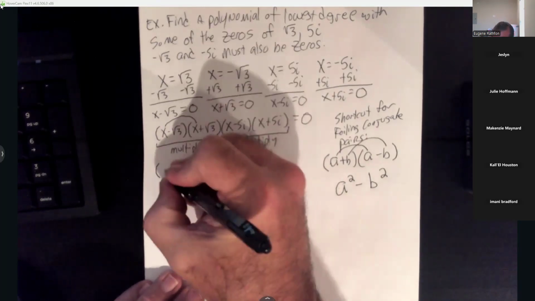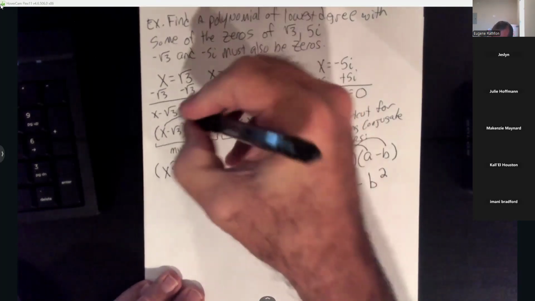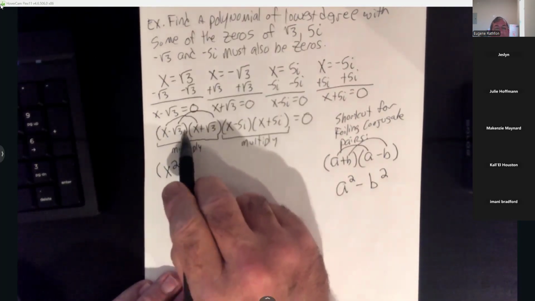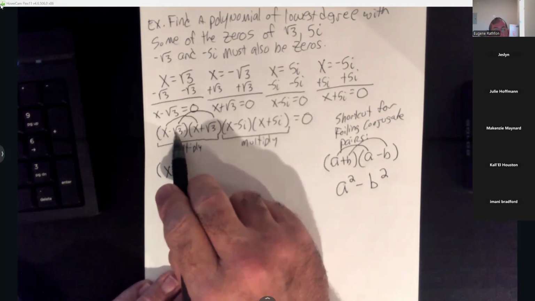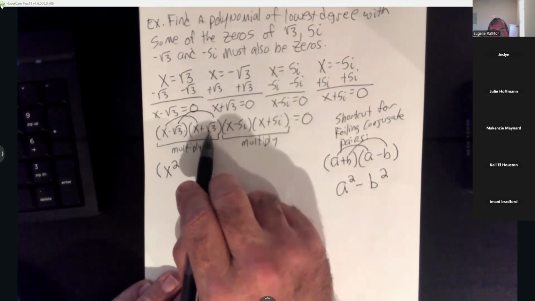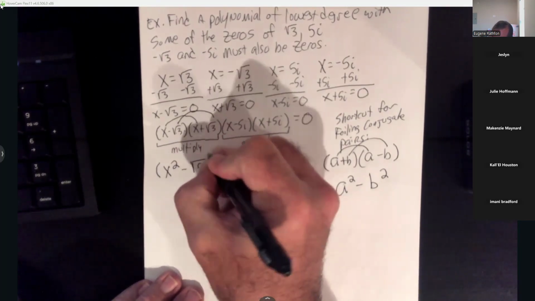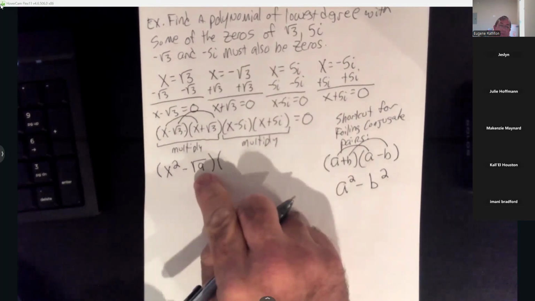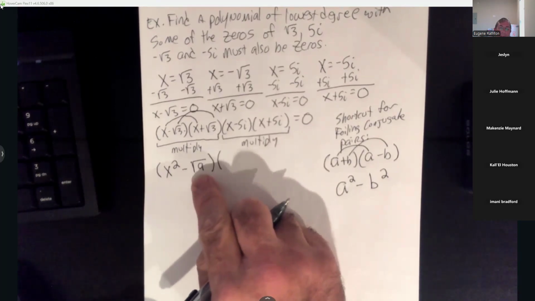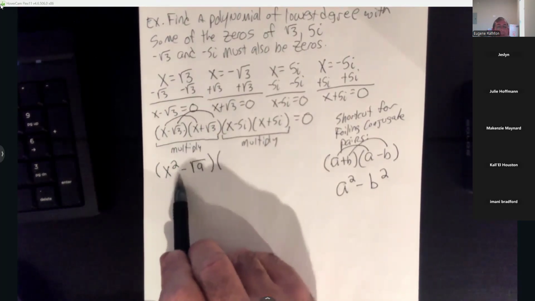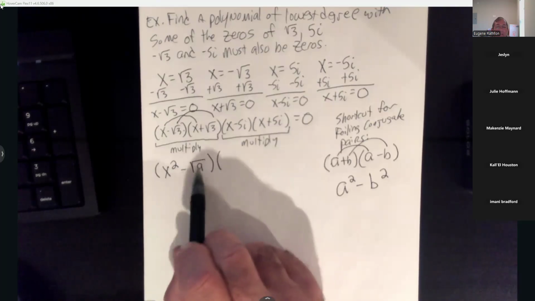X times X is X squared. Square root of 3, a negative square root of 3 times a positive square root of 3 is a negative square root of 9. Now, I could have put a 3 here, remember, because the square root of 9 is a 3, and a radical times itself equals a 3, but I'm just putting that extra step on this.